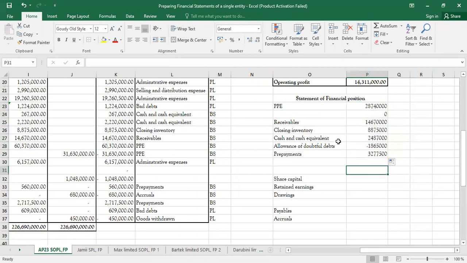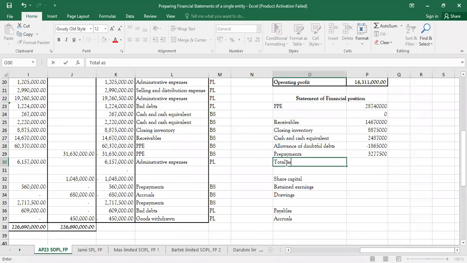So you can see allowance for doubtful debt is a negative because it's a contra asset. It reduces our receivables. So total assets. It had already done the drag part, so I'll just remove.